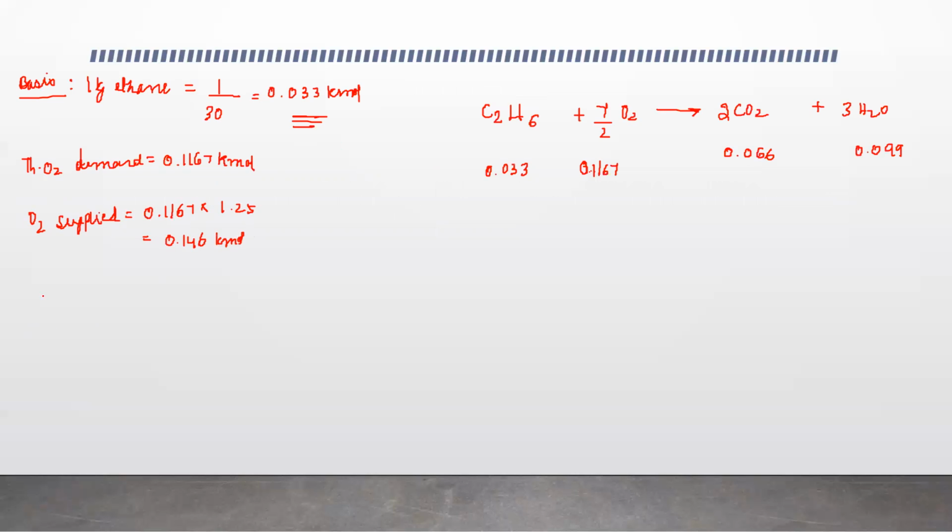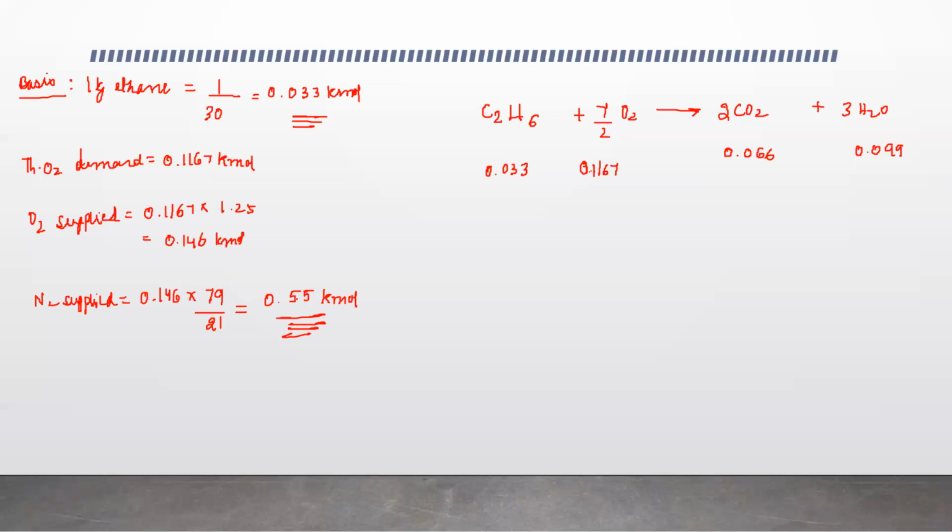Then nitrogen supplied is oxygen supplied into 79 by 21. So nitrogen supplied is 0.55 kilomole.